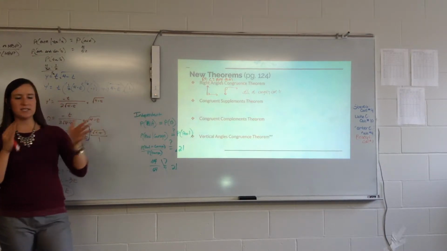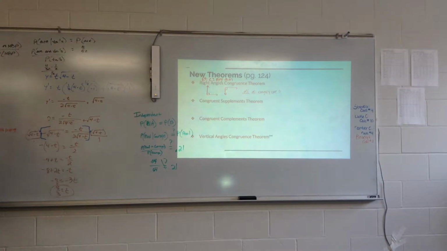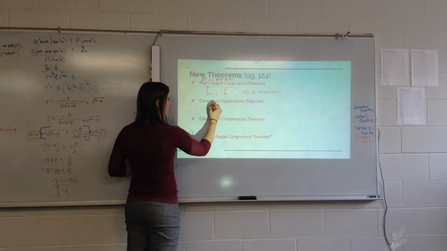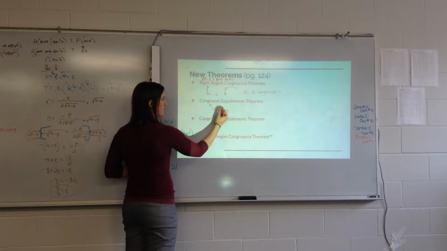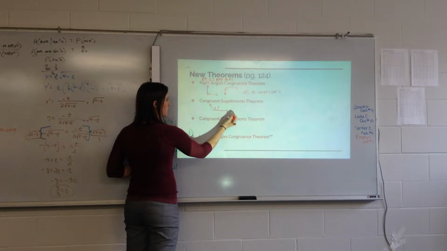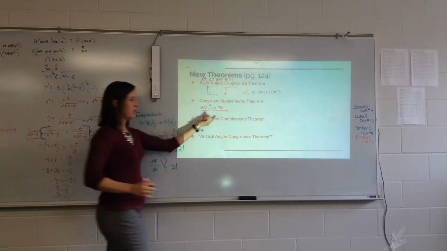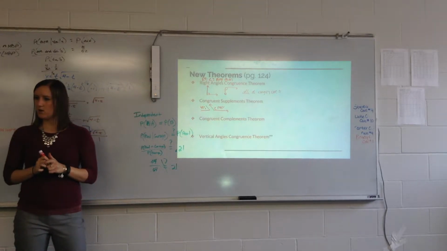Now we have congruent supplements theorem. What did we say supplementary angles were? They add up to 180, right? So this tells me if I have, let's say this is angle 2, and we're going to say it measures 140 degrees. And we have angle 1, it measures 40 degrees. We agree those two are supplementary.